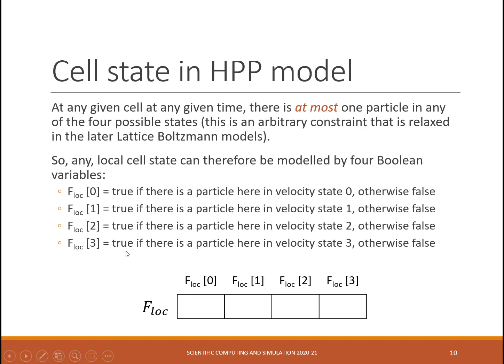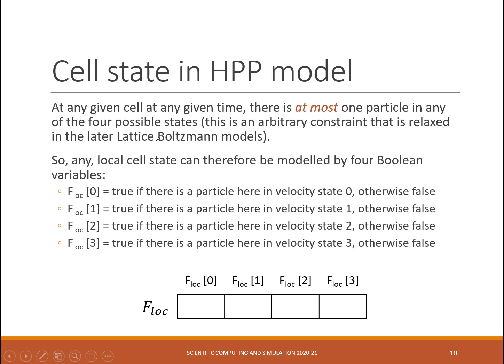Now, we want to computerize the HPP model based on 2D cellular automata. In HPP, a 2D grid consisting of several cells models a lattice. At any given time, there is at most one particle at any cell in the HPP automata.